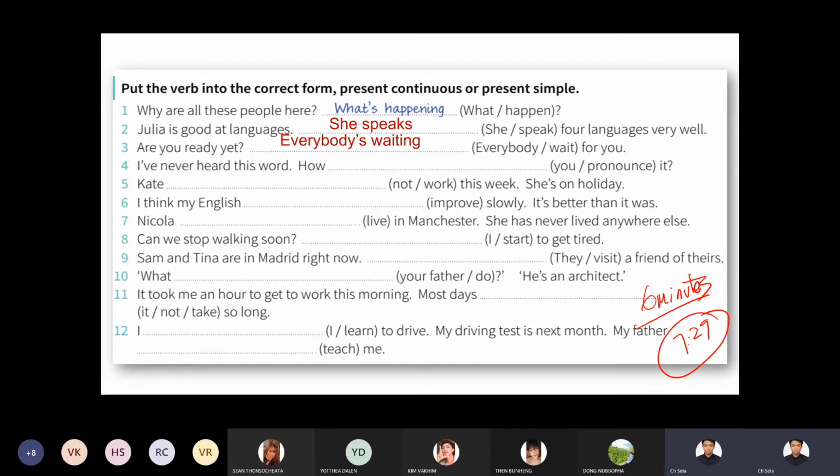Right now you still have 2 more minutes. Then we're going to check the answer together. Okay, 2 more minutes. We will check the answer.